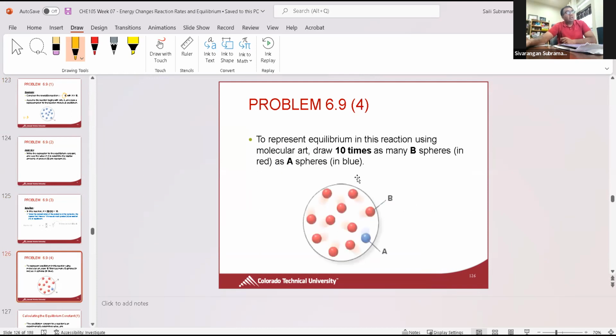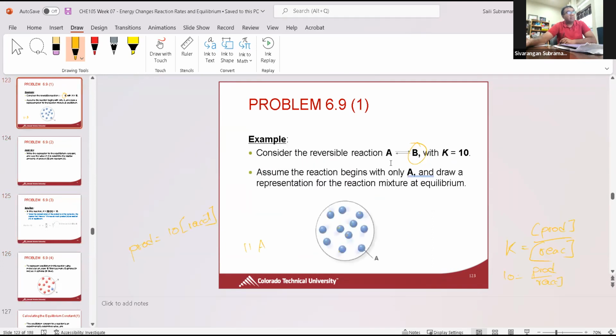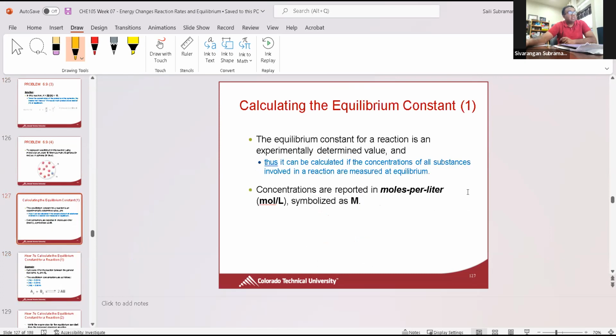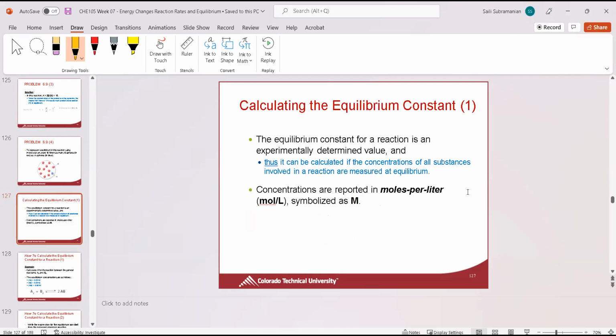Or in other words, the product is indicated by the red spheres, which is B. B is the product here, A going to B. You're going to have 10 times more molecules than the reactants at equilibrium. Does this make sense?